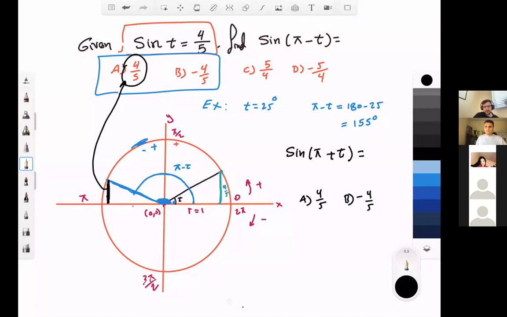If you're adding 180, it puts you in quadrant 3, right? So that'd be negative. Excellent. Negative, very good. So any t you pick here, if you add pi, which is 180, plus t will be somewhere around quadrant 3. And in quadrant 3, the sign will be negative. It will be negative 4/5.